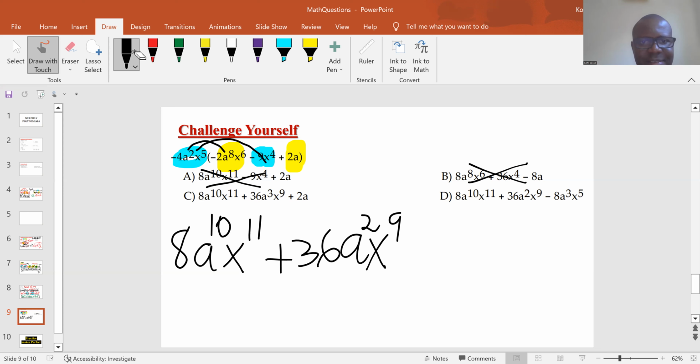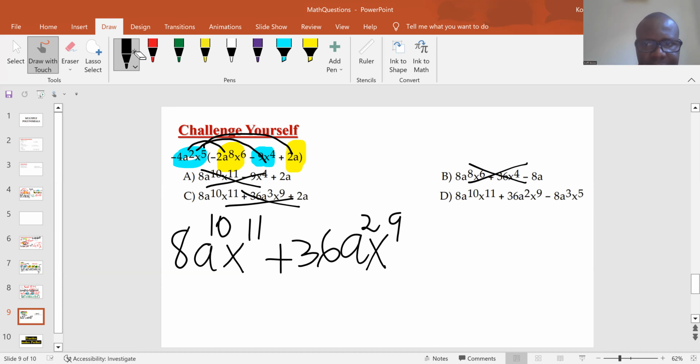C doesn't have it. Because C, we have 36 a cubed x to the 9th power, so no. Only D has it. Okay, so the best choice here is D. But let's finish the problem. We take the same negative 4 a squared x to the 5th, we multiply by this.